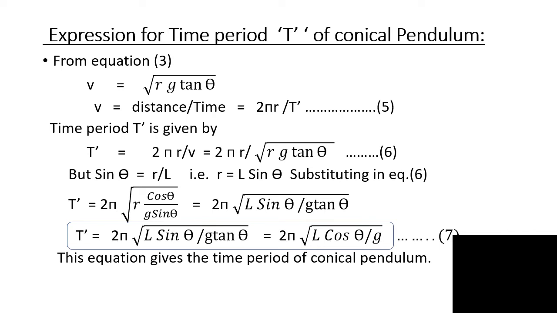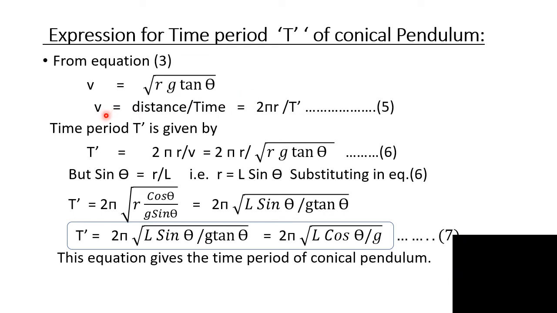Now we obtain the expression for the time period of the conical pendulum. It is denoted by T dash, since we have used T for tension in the string. We know that the velocity of the bob of a conical pendulum is given by root rg tan theta.